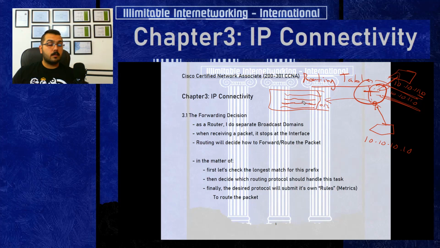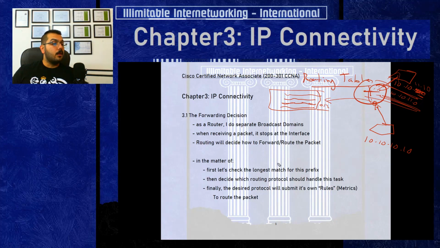So you must manually install and let the router know how to reach the subnet 10.10.11.0 or the host 10.10.11.10. This is 11 and this is 10.